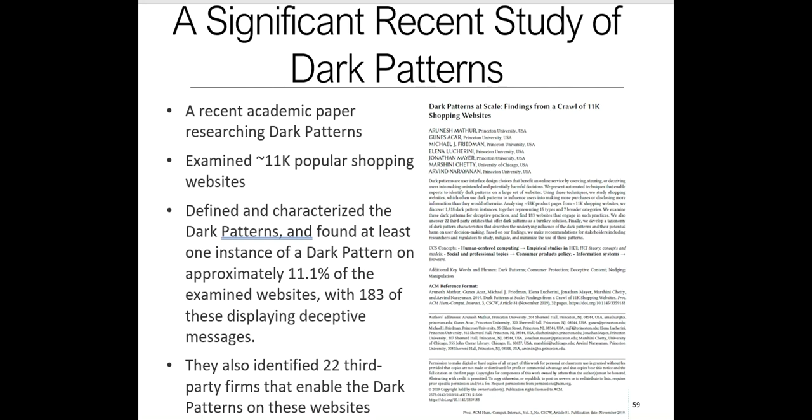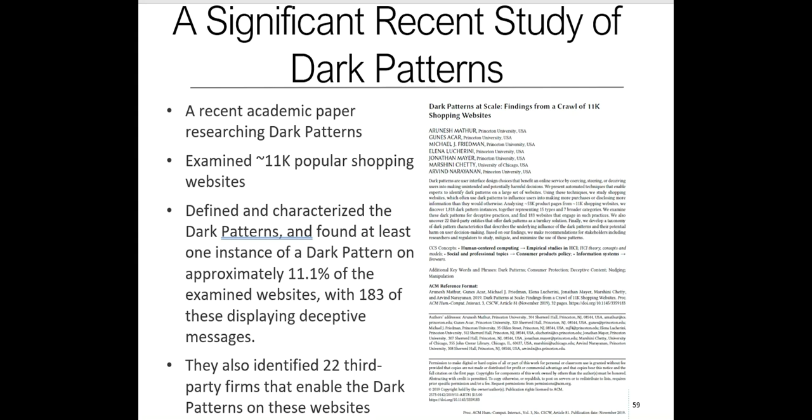This is a recent and, I think, a fairly significant study on the pervasiveness of dark patterns. It's a study from a bunch of students, at least I'm guessing students, sorry, maybe I shouldn't make that assumption, students or professors primarily from Princeton, also one from the University of Chicago, and it's called Dark Patterns at Scale: Findings from a Crawl of 11,000 Shopping Websites.